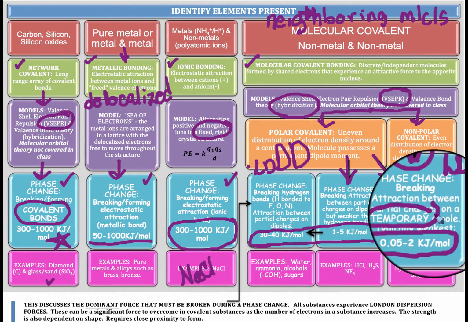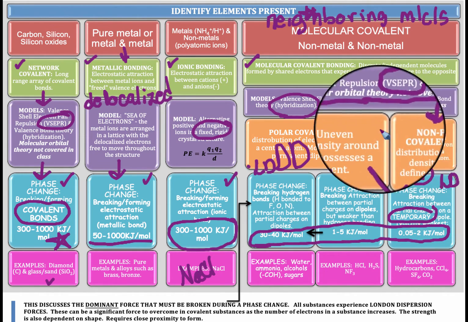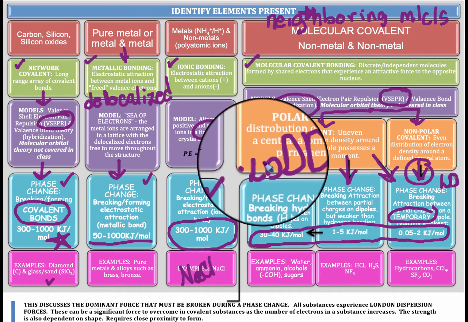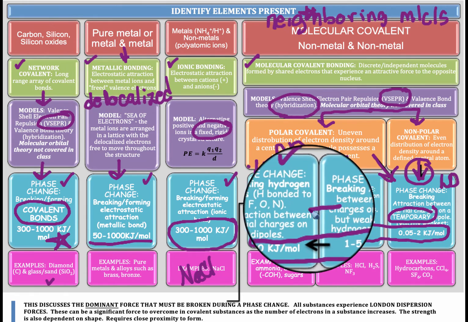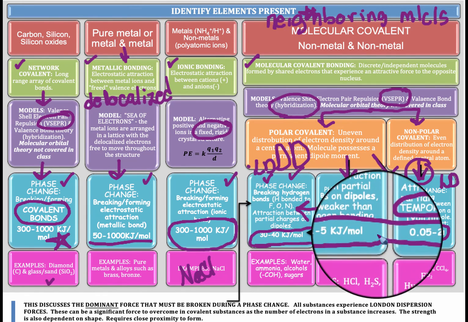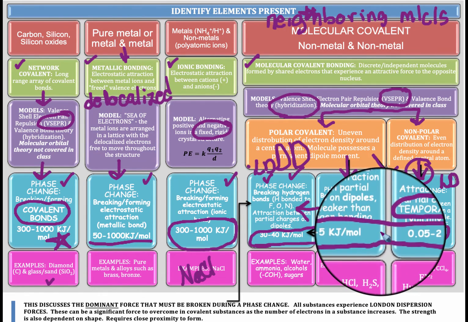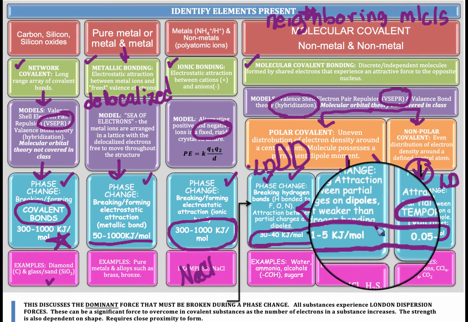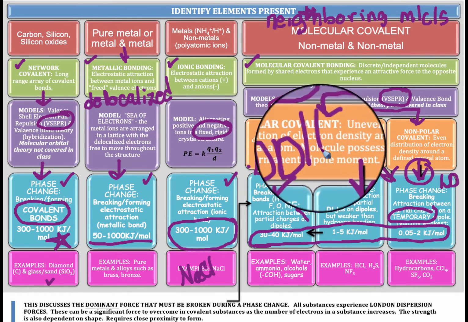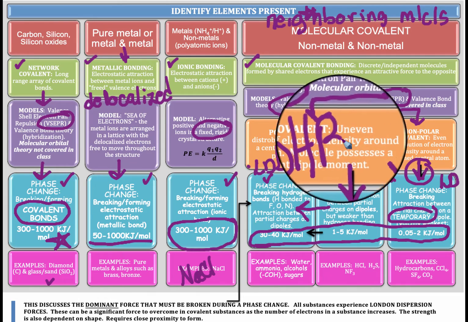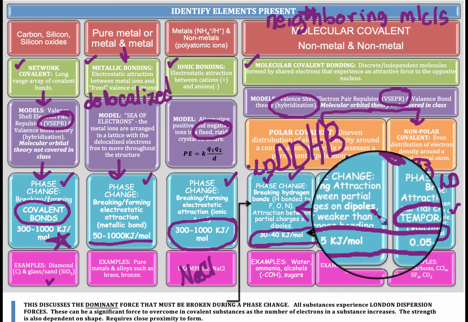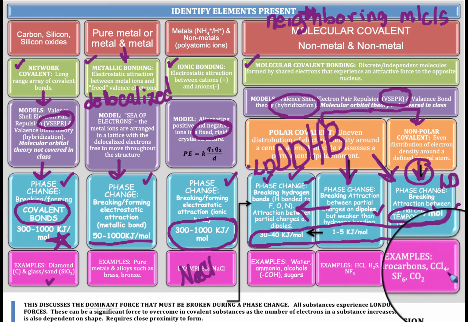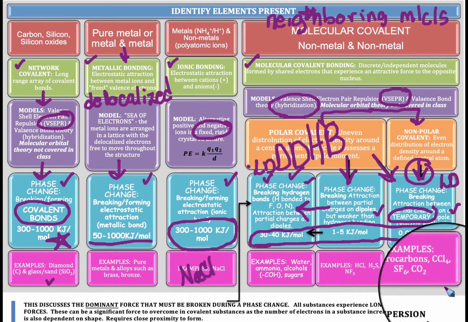So I'd ask myself, is it nonpolar covalent or polar covalent? If it's polar covalent, I put down LD-DD. And then I ask myself one more question. Do I have an H bonded to an N, an O, or an F directly? And if the answer to that is yes, I also have hydrogen bonding on top of the London dispersion, dipole-dipole, and now I would add hydrogen bonding to that.